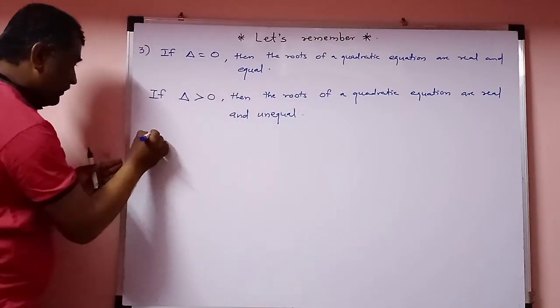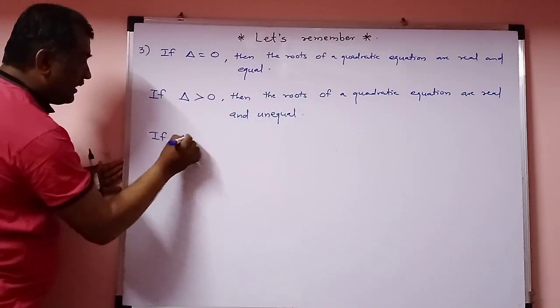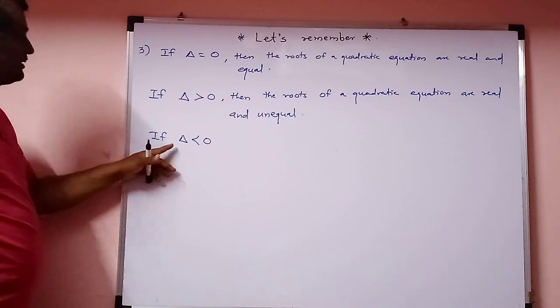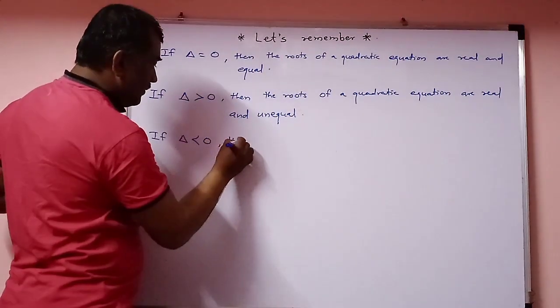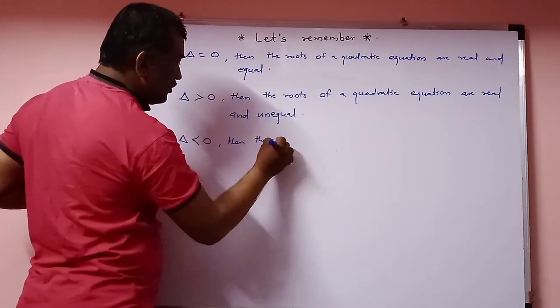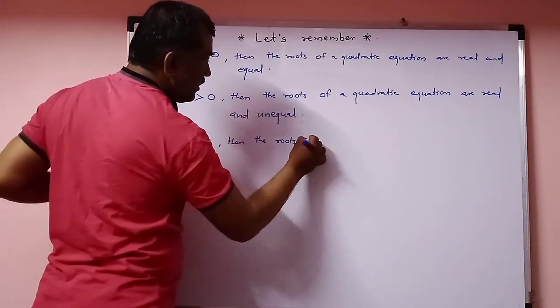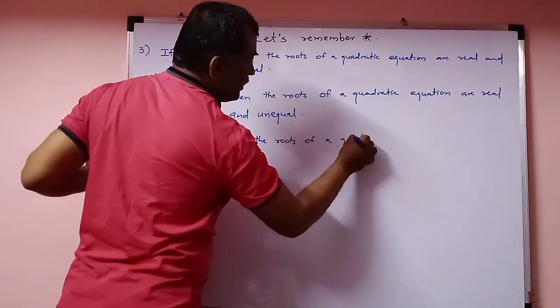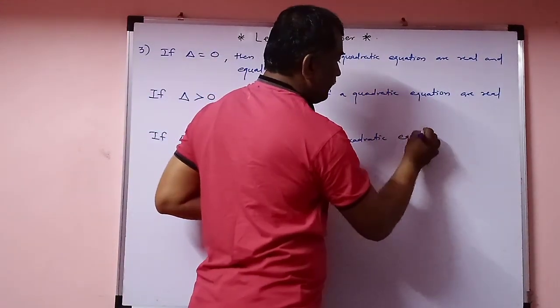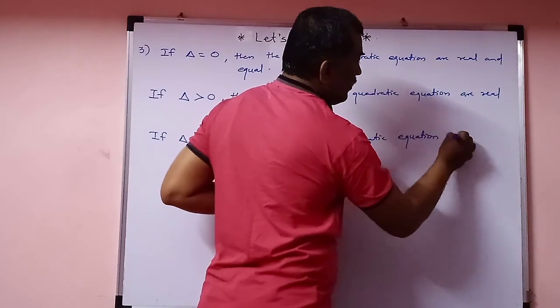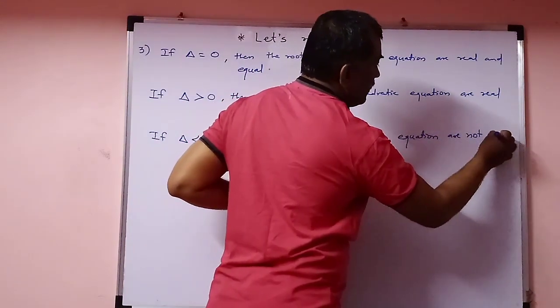And if delta is smaller than 0, means b square minus 4ac is smaller than 0, then the roots of a quadratic equation are not real.